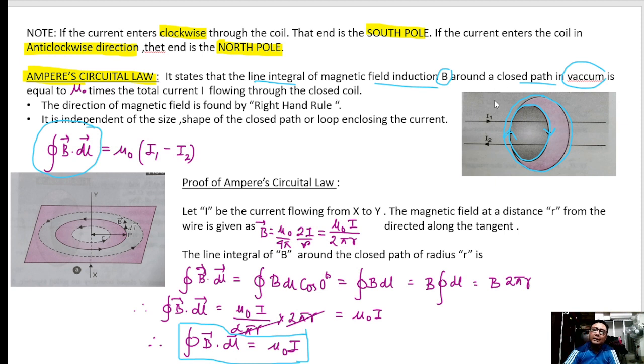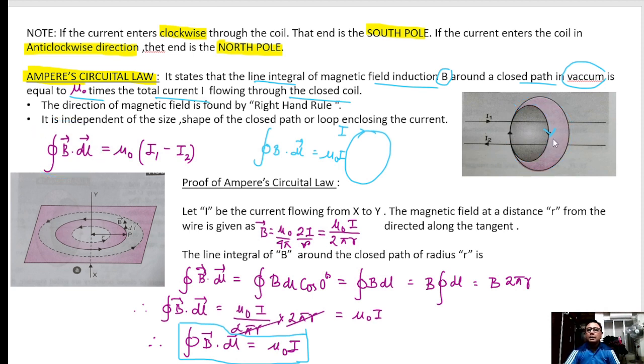So the line integral of magnetic field induction around a closed path in vacuum is equal to mu0 times the total current flowing through the closed coil. Okay, suppose this is a closed coil carrying current I. So they are telling the line integral of magnetic field is actually mu0 times the current flowing. This is the Ampere Circuital Law. Clear?